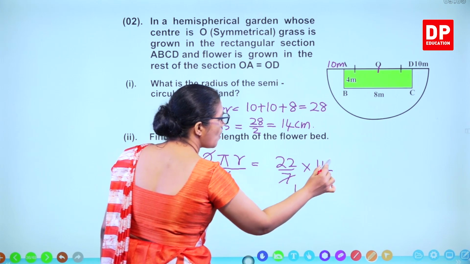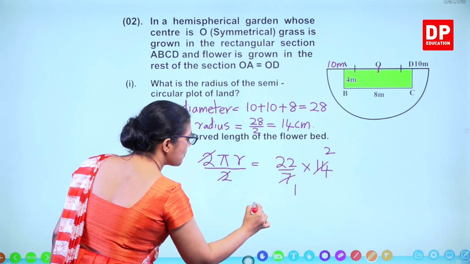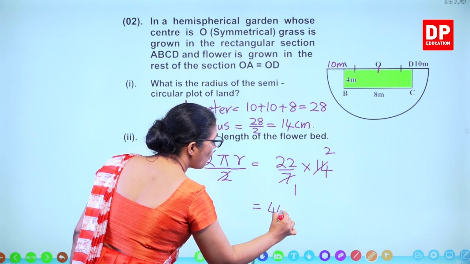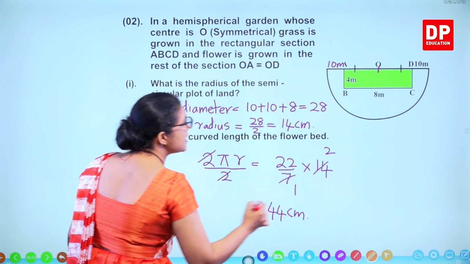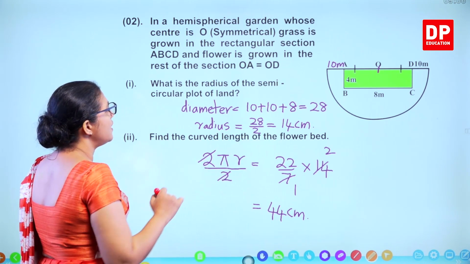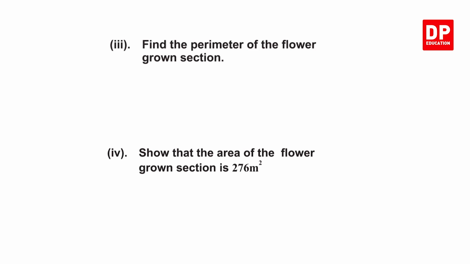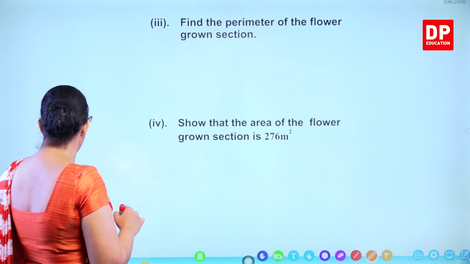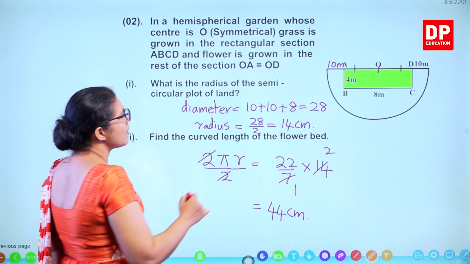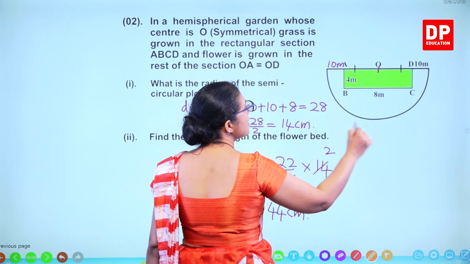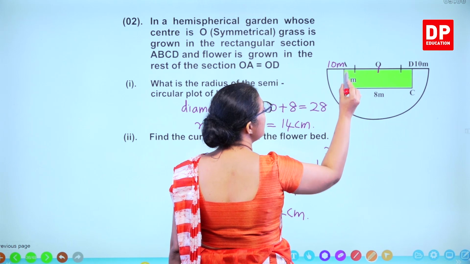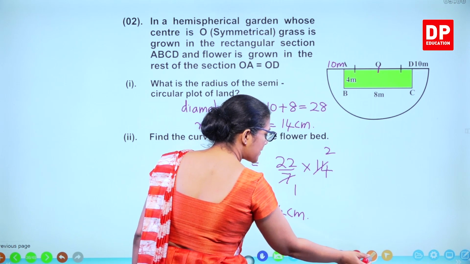So 7 times 1, 7 times 2, 2 times 22, 44 centimeters is the curved length of the flower bed. Find the perimeter of the flower grown section. So that means this part. So 10, you get twice.